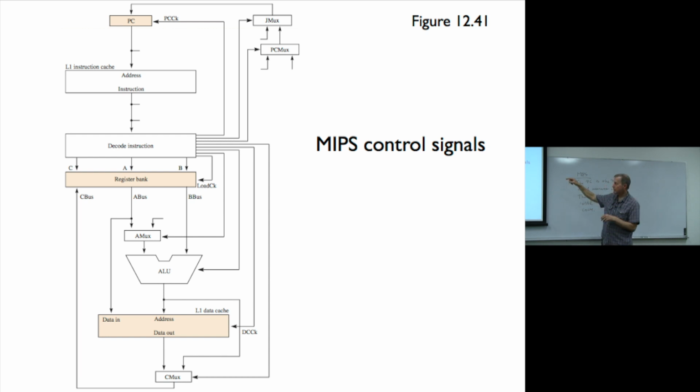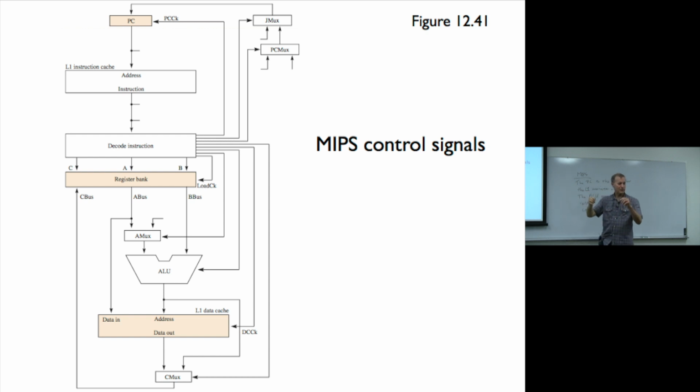Where is the input of the decode instruction coming from? The L1 instruction cache. So what's going into it is an instruction.